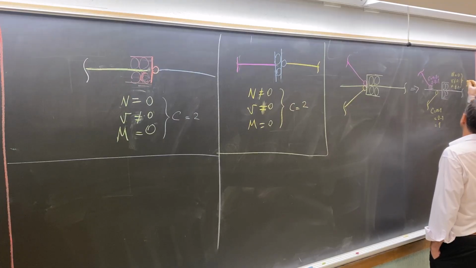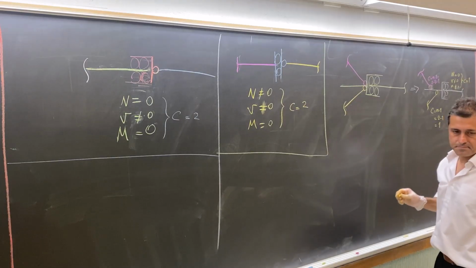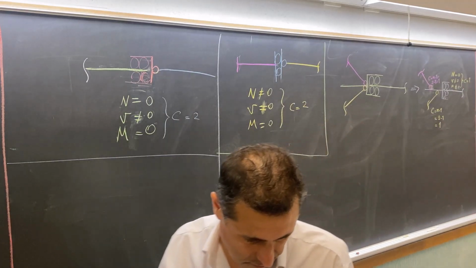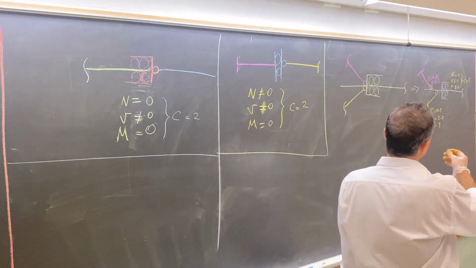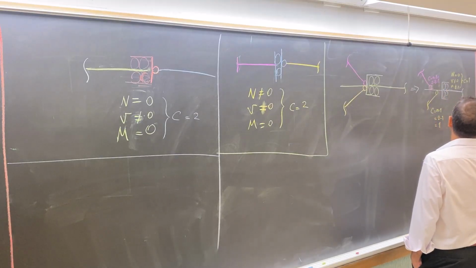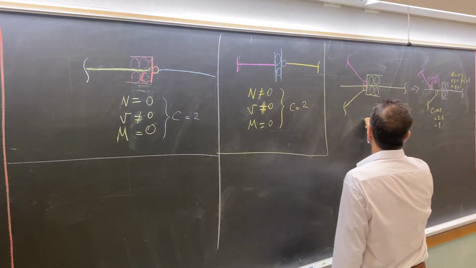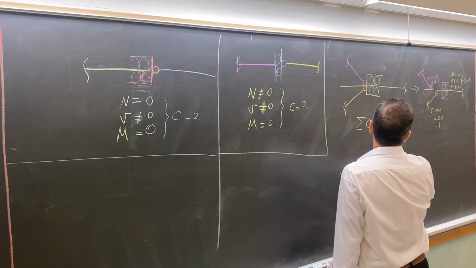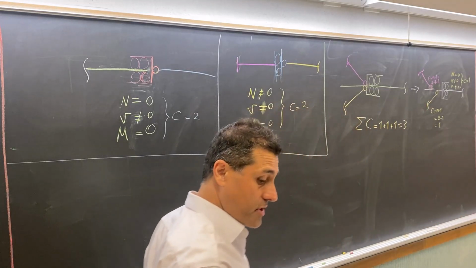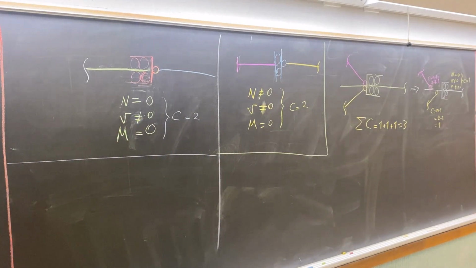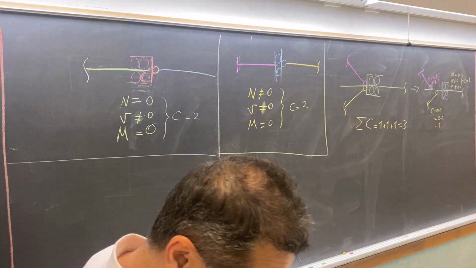So C is 1. Right? So now you add them together. C is 1, C is 1, C is 1. So sigma C is 1 plus 1 plus 1, which is 3 for this connection. So this connection gives us 3 condition equations.